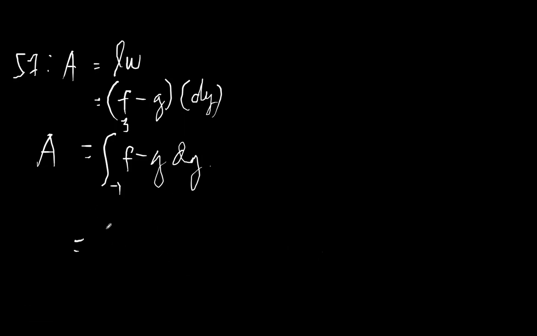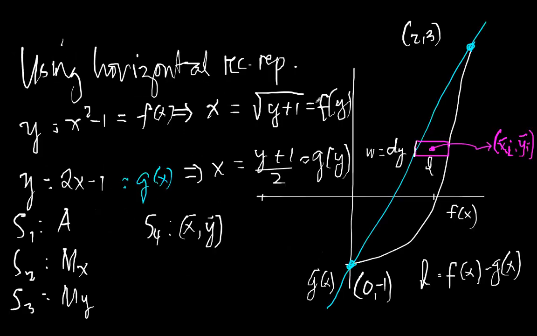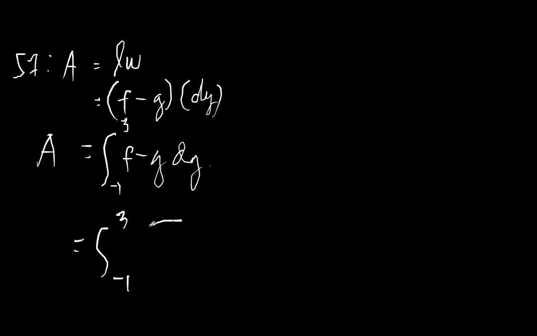So this is equal to the integral from -1 to 3 of f of y, our f of y is the square root of y plus 1, minus y plus 1 all over 2 dy.